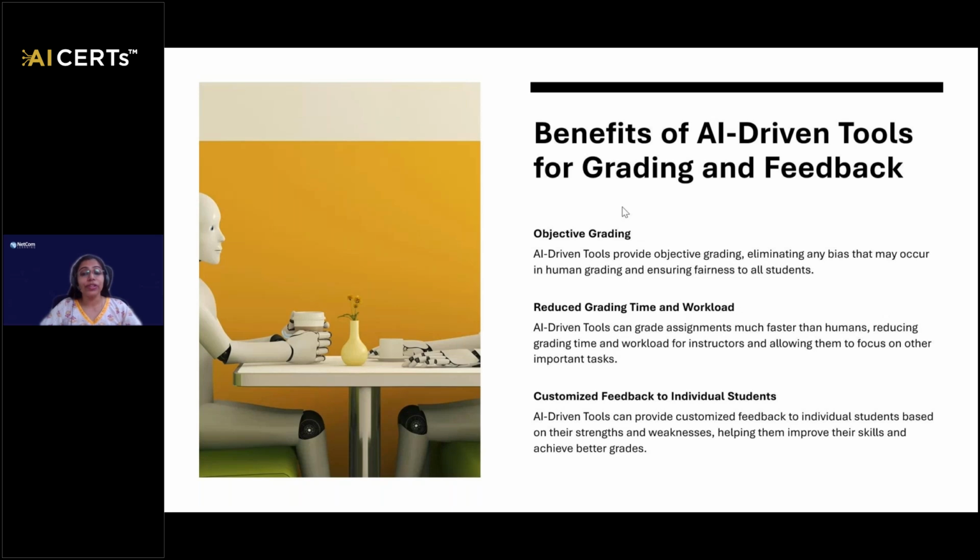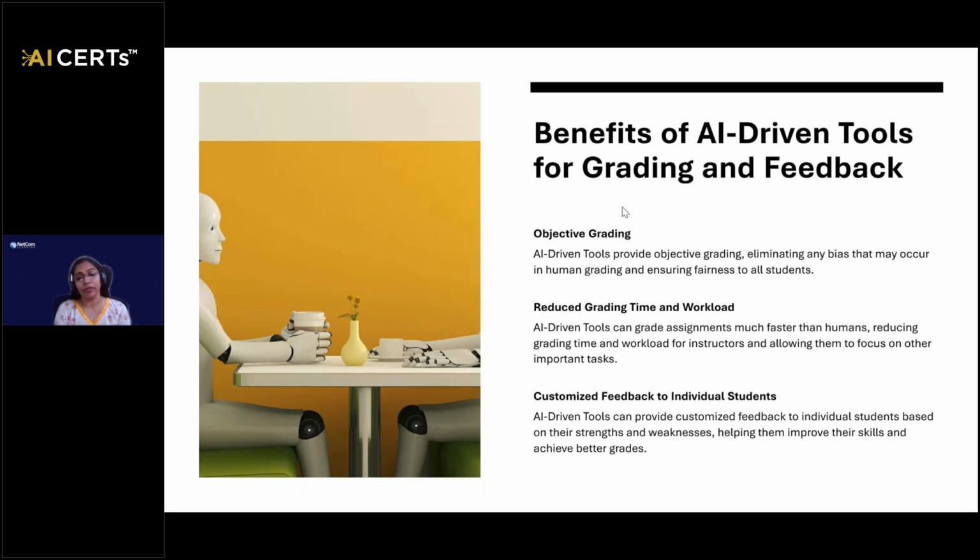Then, reduced grading time and workload. AI driven tools can grade assignments much faster than humans, of course, reducing the grading time and workload for instructors and allowing them to focus on other important tasks, majorly the improvement of their students. Then, customized feedback to individual students.